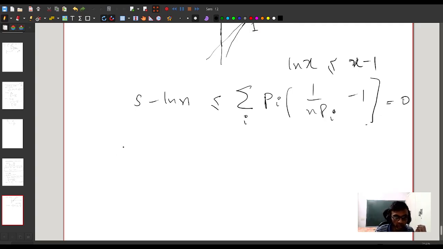Yeah, so we have shown that the entropy must be always less than or equal to ln n.